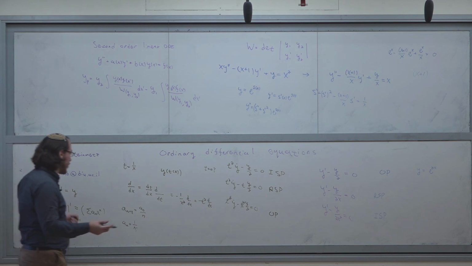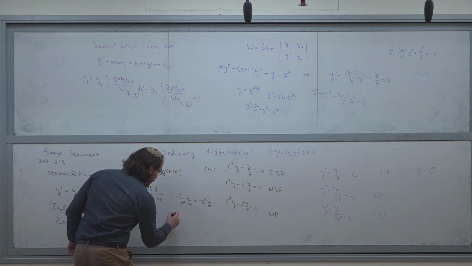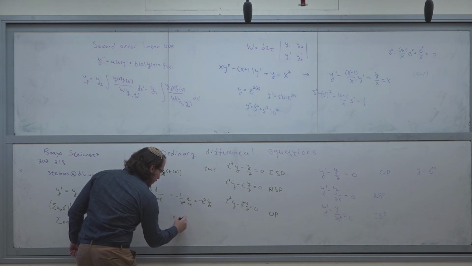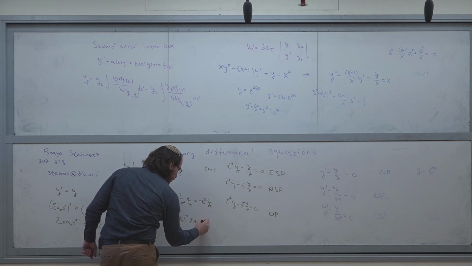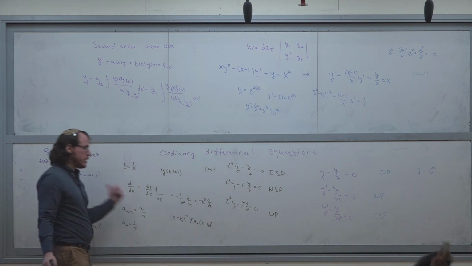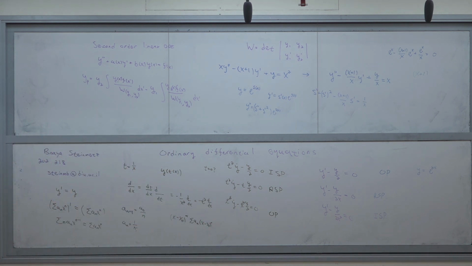But the Frobenius method is actually to write something like x to some power alpha and do exactly the same. Okay, we will talk about it, I guess, next week.